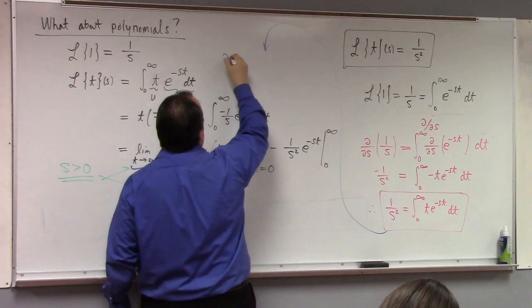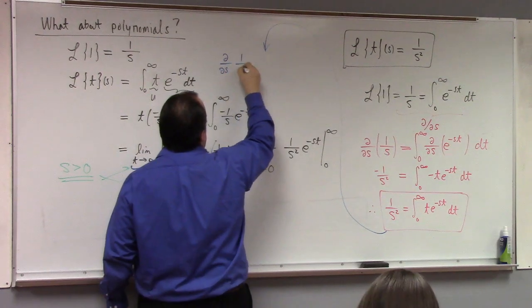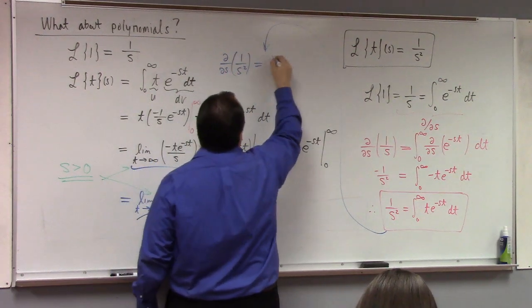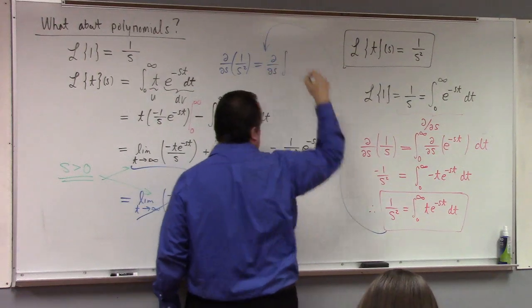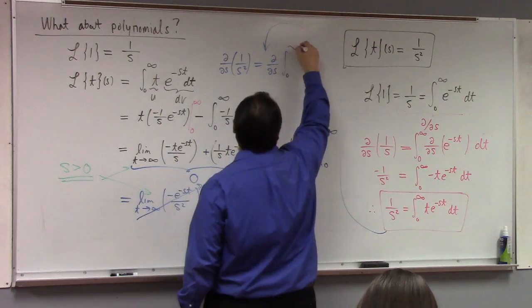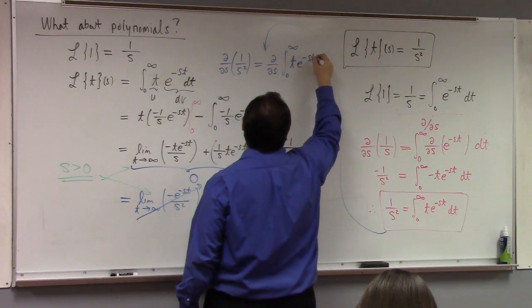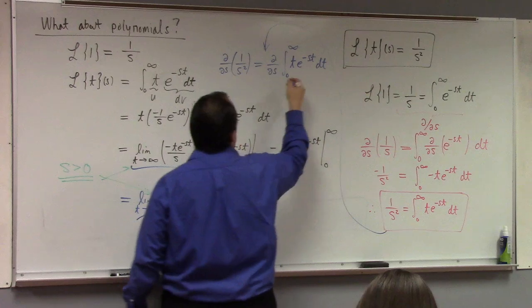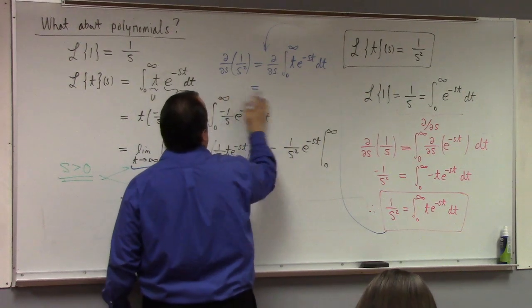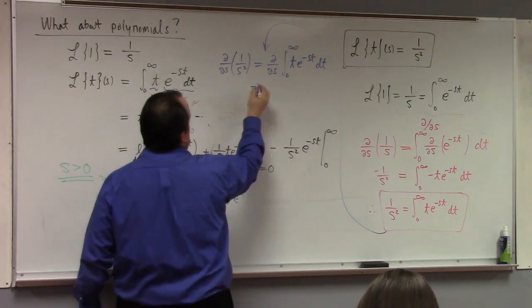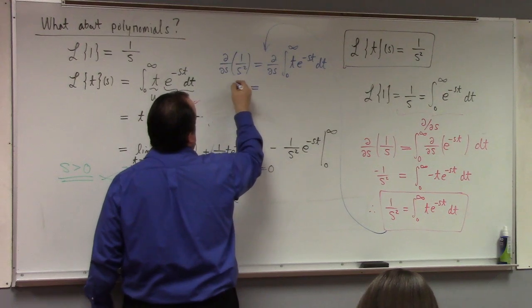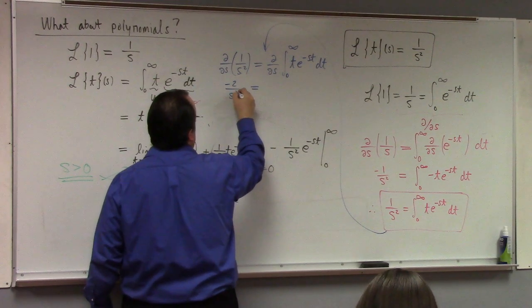So we can calculate partial s of 1 over s squared, and that will be partial s of the integral from 0 to infinity of t e to the minus st. But what happens when you take that partial derivative inside? On the one side, we get minus 2 over s cubed.